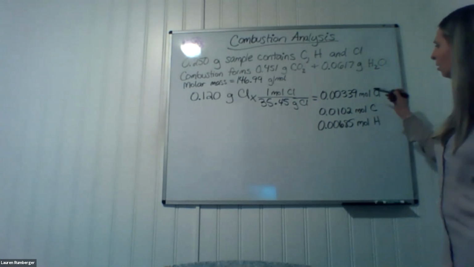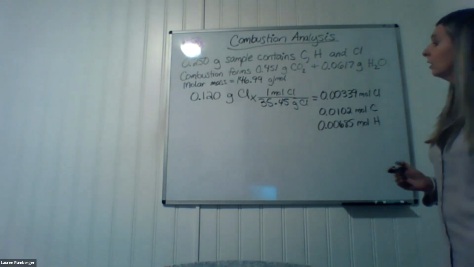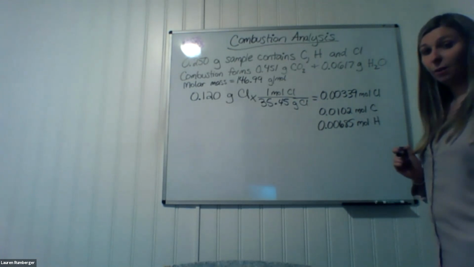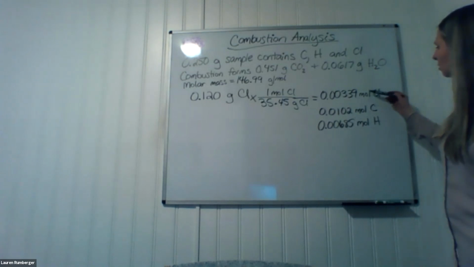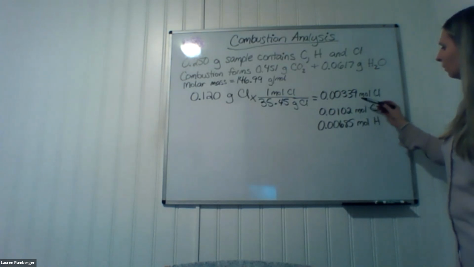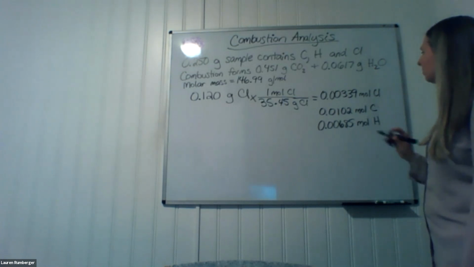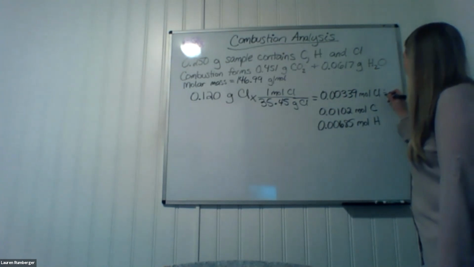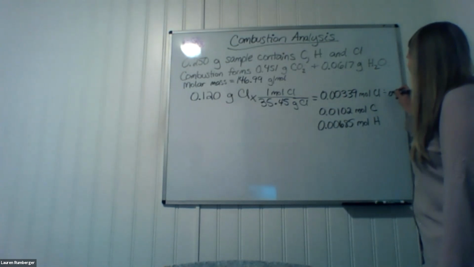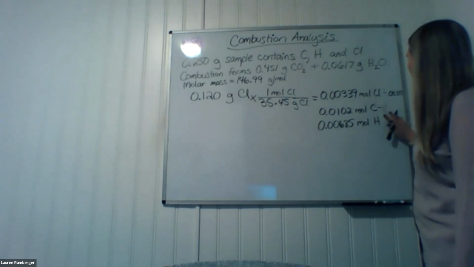Okay. So now we need to look at these amounts of each element and figure out which is the smallest amount and divide each one by that smallest amount. So the smallest amount here is going to be the amount of chlorine. So we're going to divide each one of these by 0.00339. I'm running out of space, sorry.